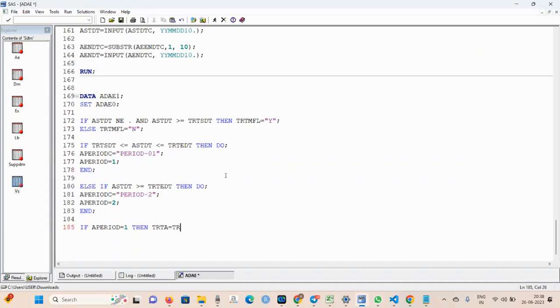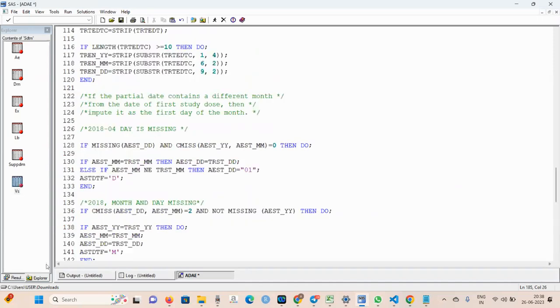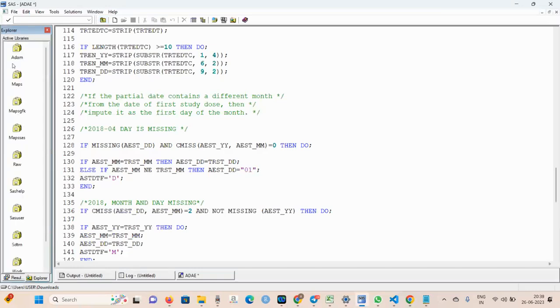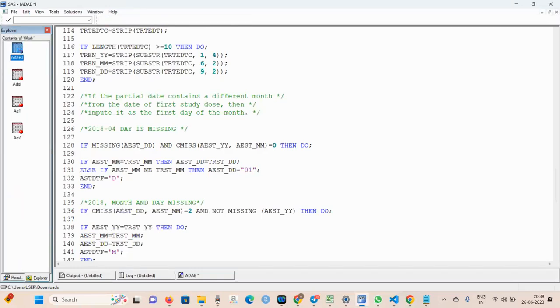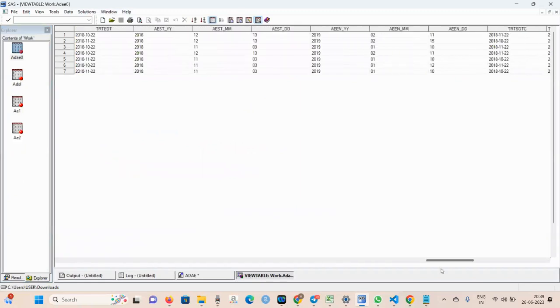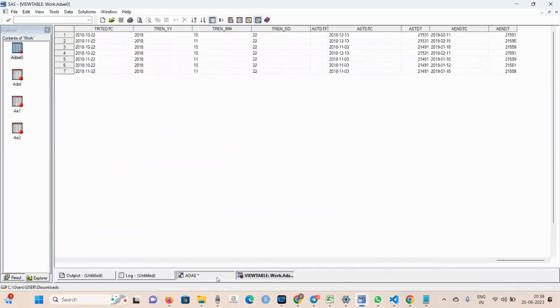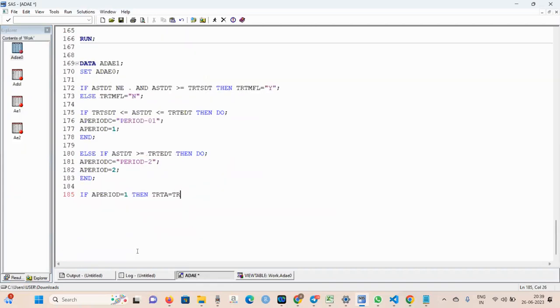TRT01A is period 1. If A period equals 2, then TRTA, the actual treatment, is TRT02A. So you just mention it like this, we're just giving the derivation.